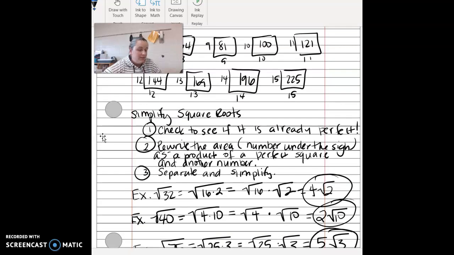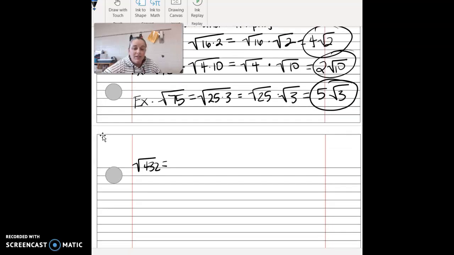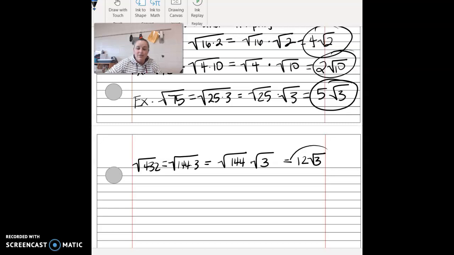No. Divide by 144. Yes. You can actually write 432 as 144 times 3. And then when we separate them, I get the square root of 144 times the square root of 3. Which is a nice number. Square root of 144 is 12. Square root of 3 is not nice, so we'll leave it the square root of 3.